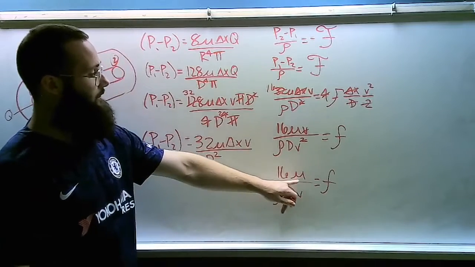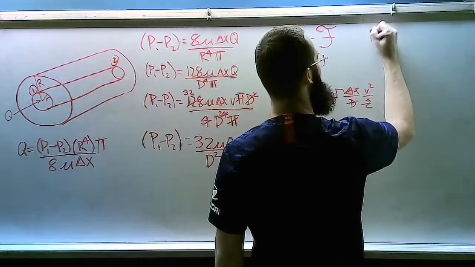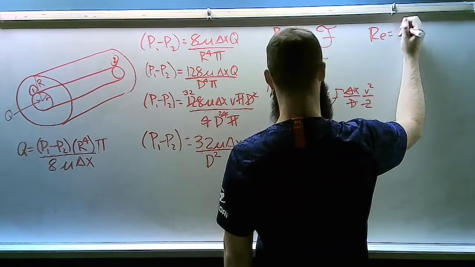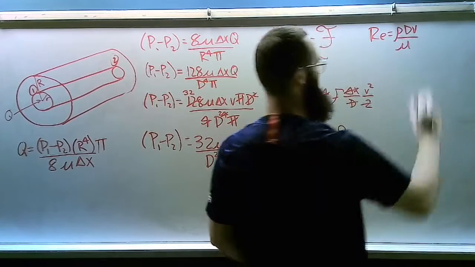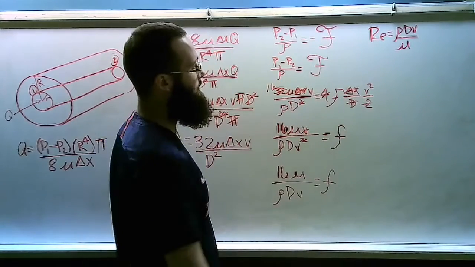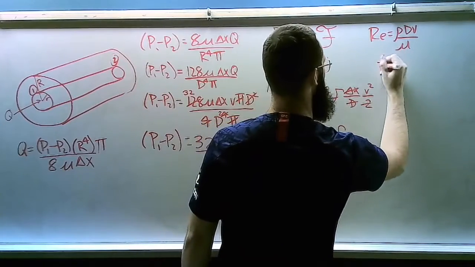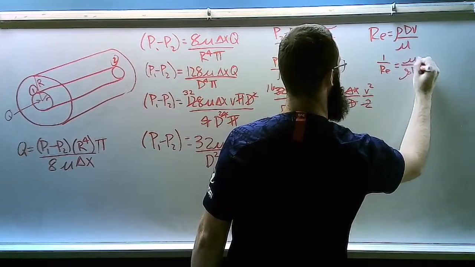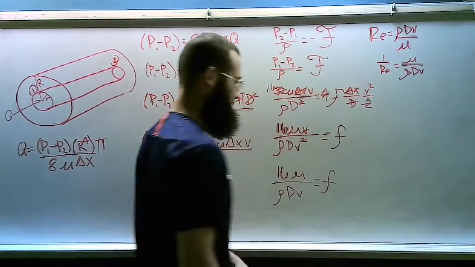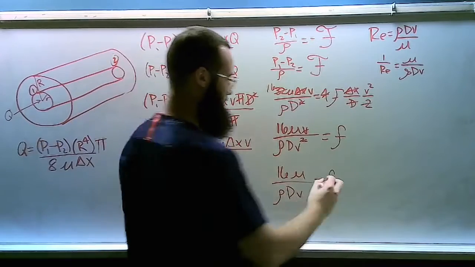And if this mu over rho d v looks familiar, it's because we know the Reynolds number is equal to rho d v over mu. So flipping this around, we can see that 1 over Re is equal to mu over rho d v, which is exactly what we have here.